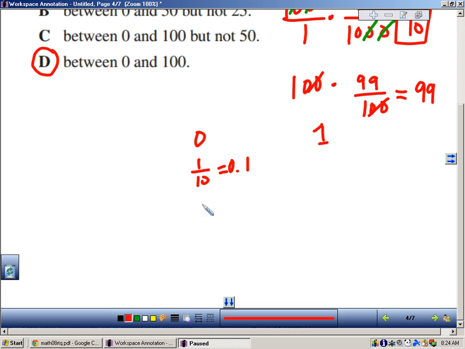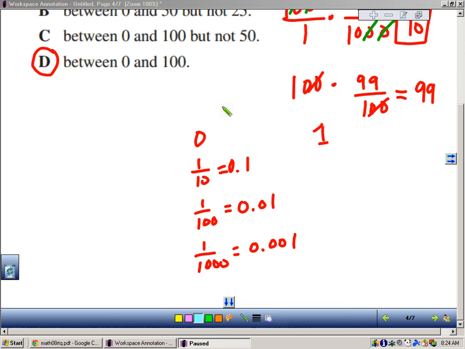And I can see that 1 over 100 becomes 0.01. 1 over 1,000, 0.001. And so you see how these values can be written so that the number of zeros is totally dependent on how large my denominator is.